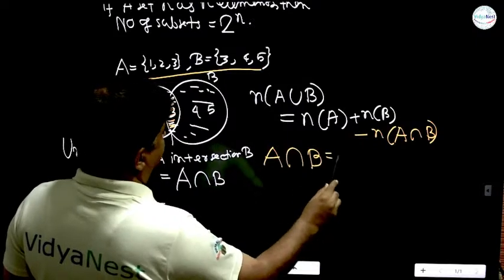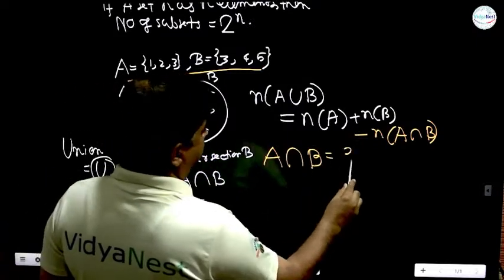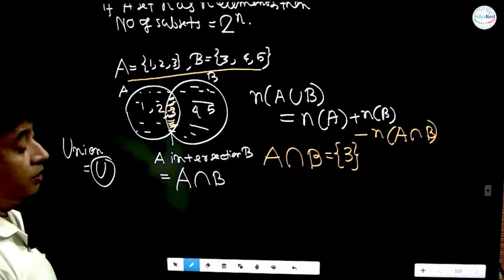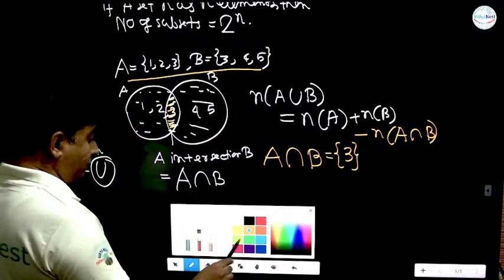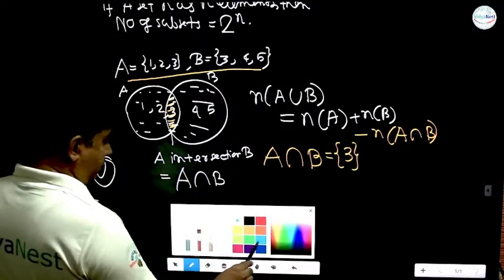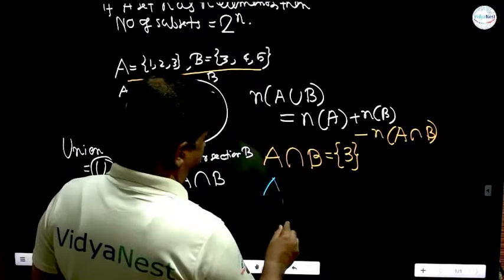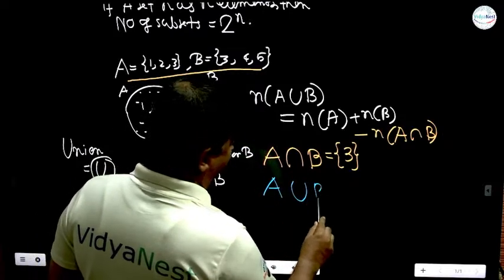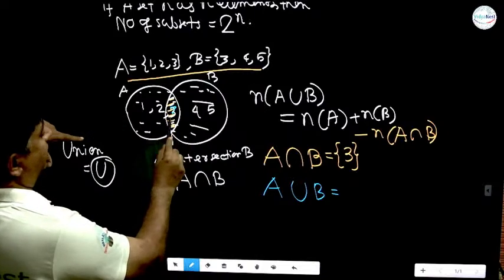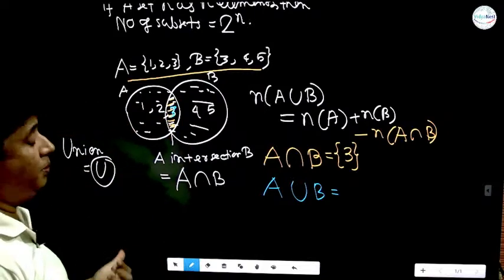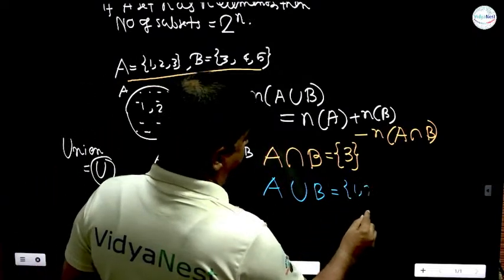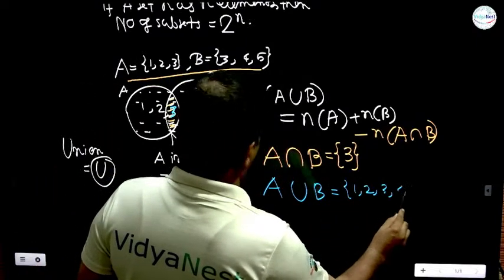A intersection B is 3. What is A union B? All the elements, but one thing to be noticed, the element 3 comes twice, so it has to be excluded once. Yes or no? Yes, sir. 1, 2, 3, 4, 5.